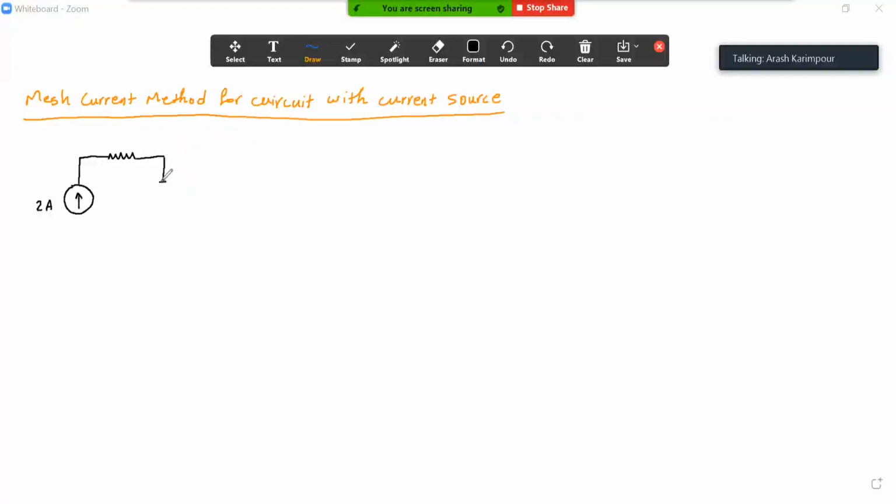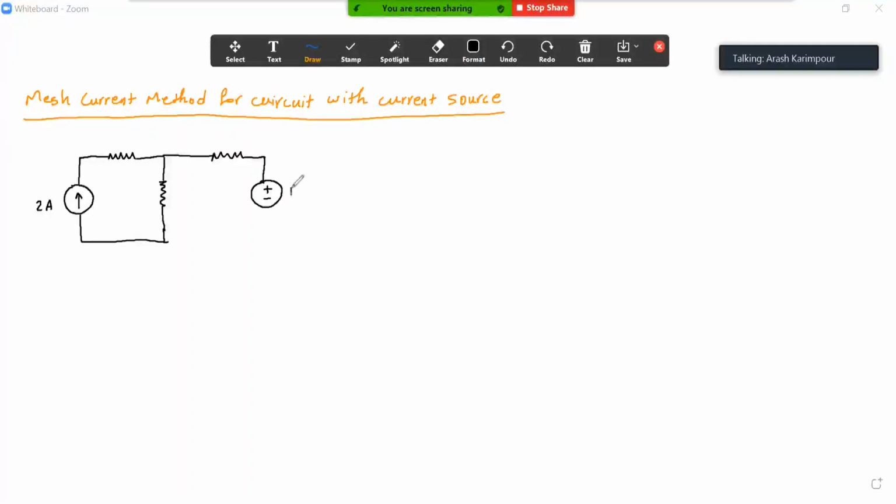Then we have a resistance here, and one resistance on the top here, and then we have the voltage source, a battery, sitting here.